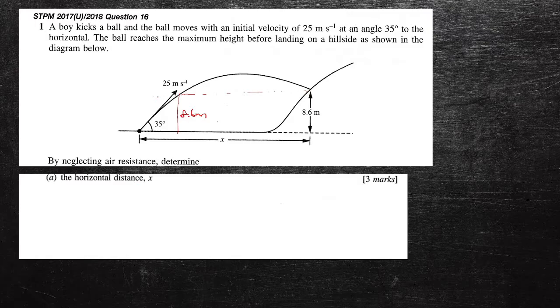Okay, 25 meter per second. So at the angle 35 degrees, the horizontal velocity will be 25 cos 35 degrees for the horizontal, and for vertical it is 25 sine 35 degrees for the vertical motion.